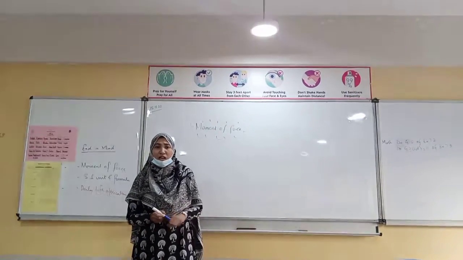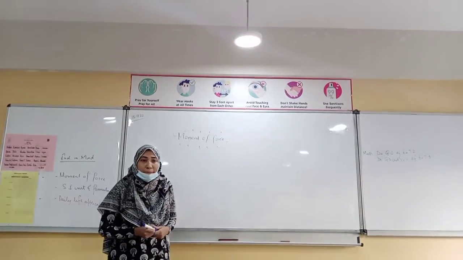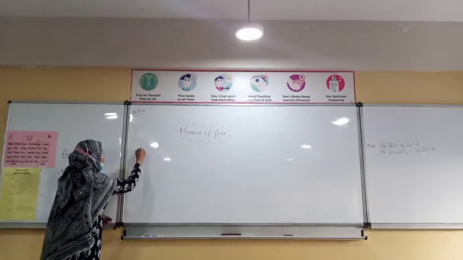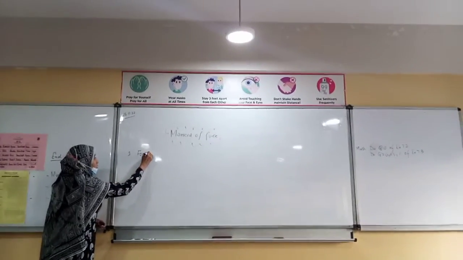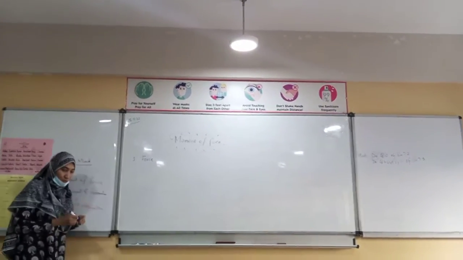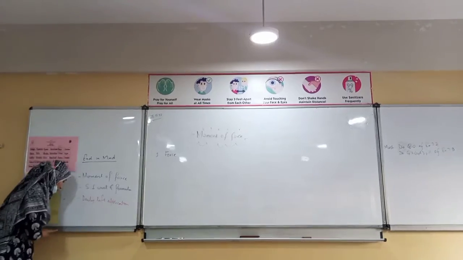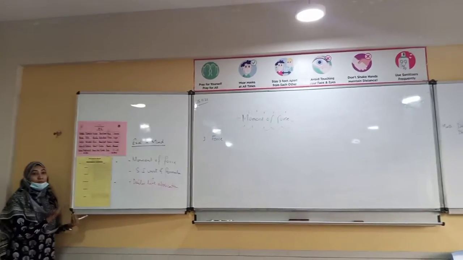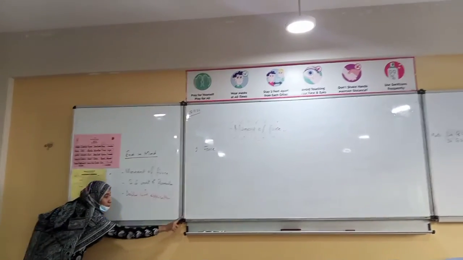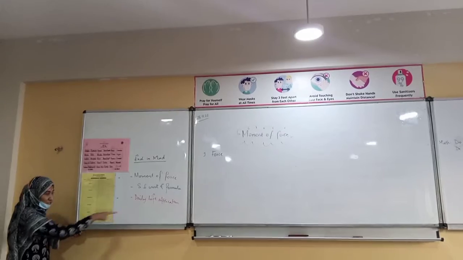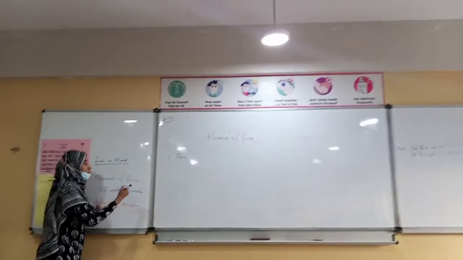Number one is force, and number two, perpendicular distance. From where? From the pivot.